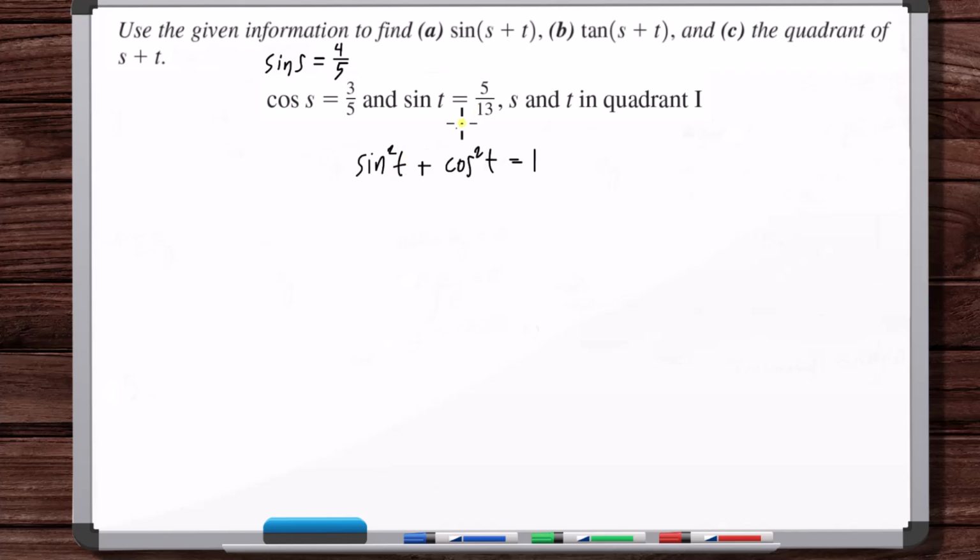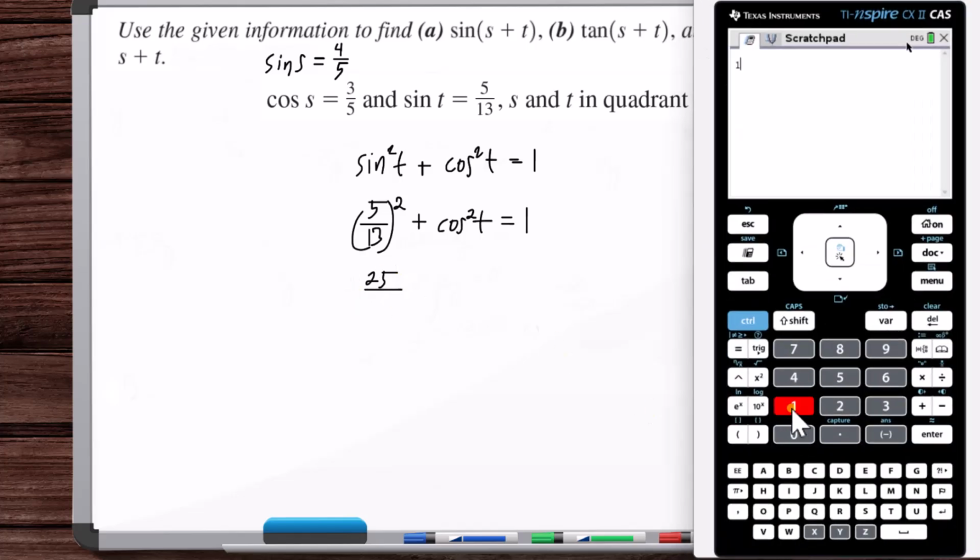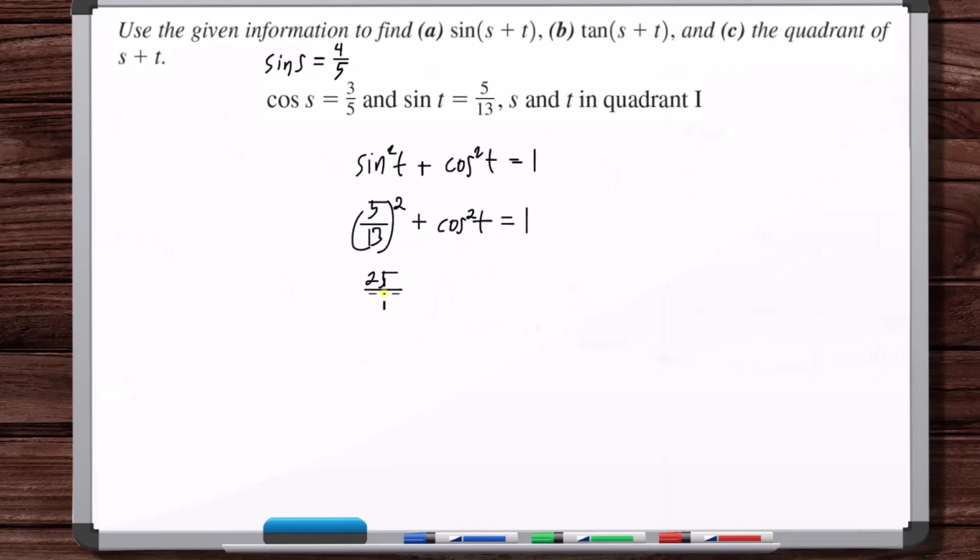Sine squared of t is 5/13 squared, which is 25 over 169.